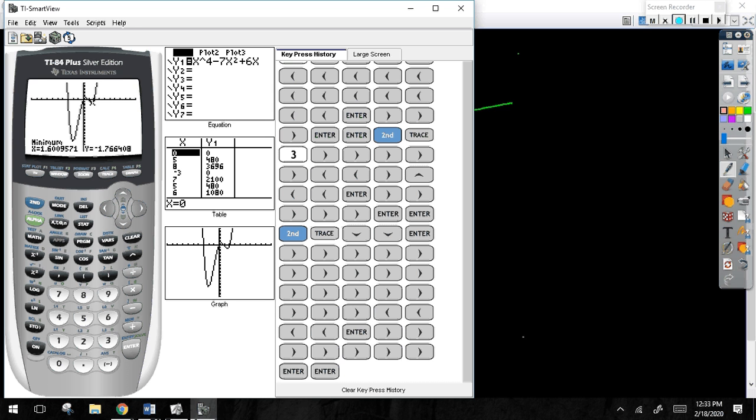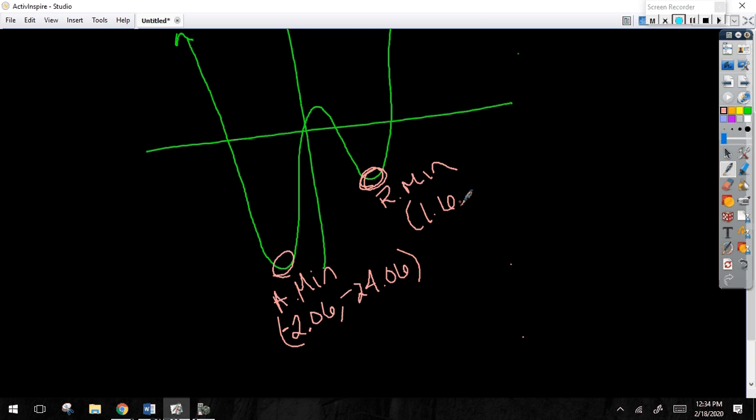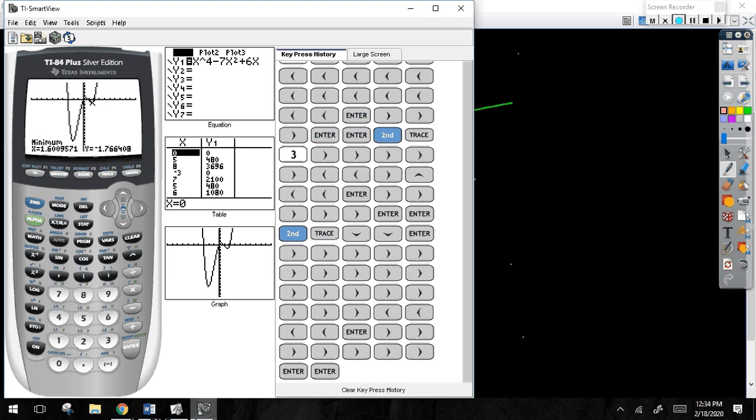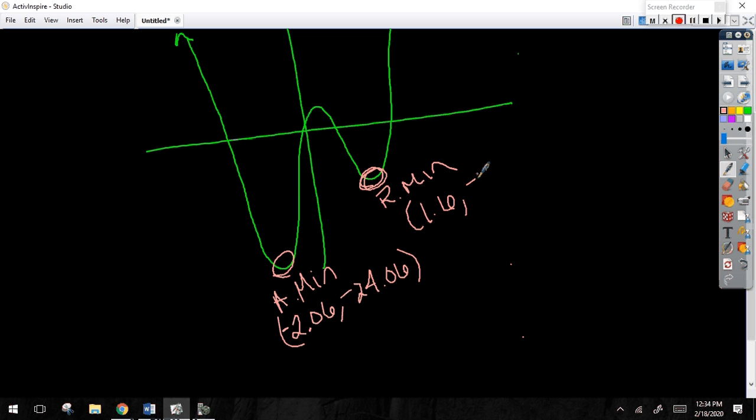I got 1.6, negative 1.8 rounded, or negative 1.77 rounded. So what y'all got? 1.6, negative 1.77. All right.